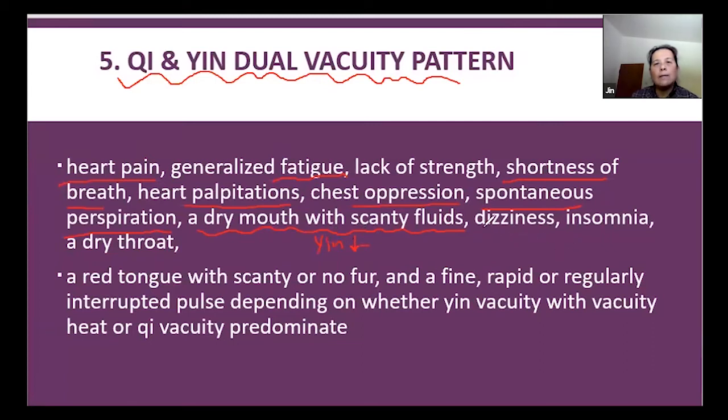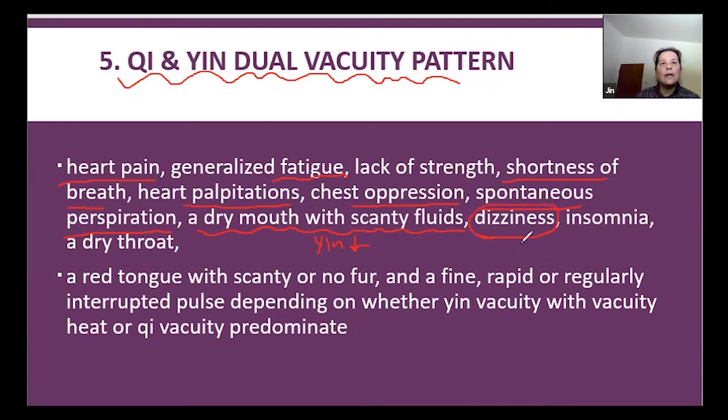And the dizziness is generally a weaker kind of dizziness. Dizziness is the illness state. It may be caused by external reasons, by excessive reasons, or by deficiency reasons. Here it is caused by a deficiency reason.